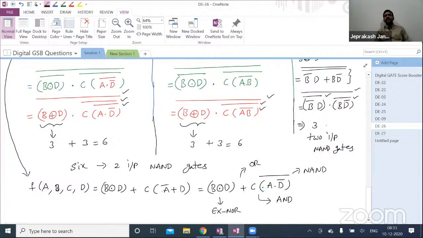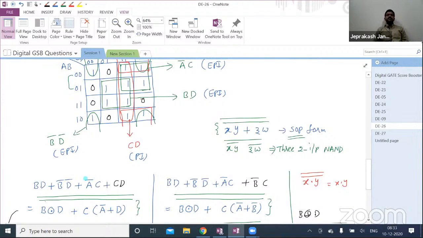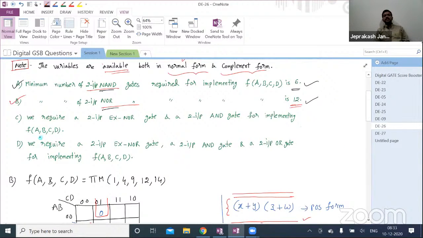AND gate, NAND gate, OR gate, XNOR gate. Right. Now just observe whether option C or option D, whether anyone is correct or both are correct. All of you please respond.